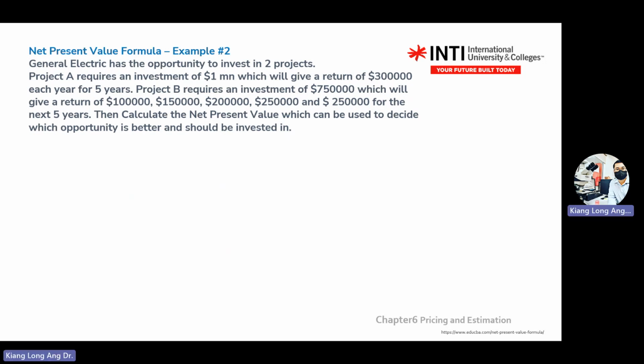After that, you get the sum of the numbers, and then you calculate NPV. Same with project B.